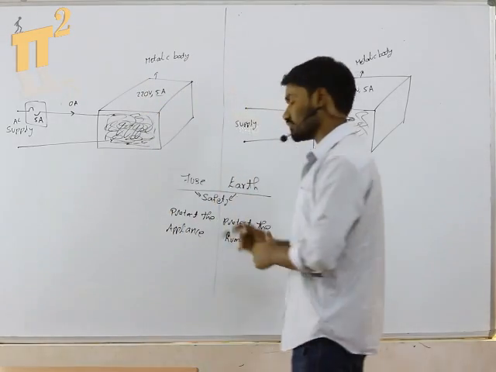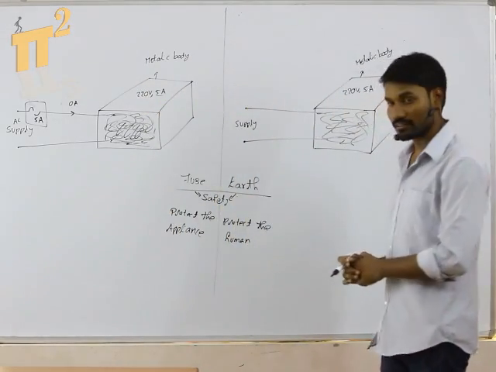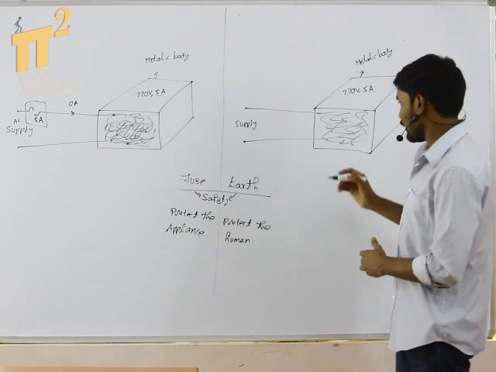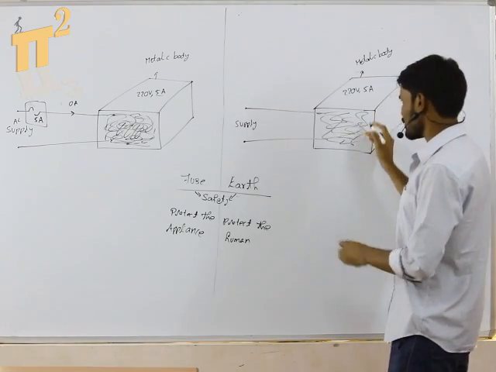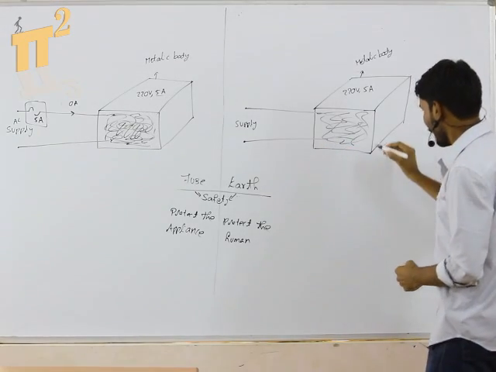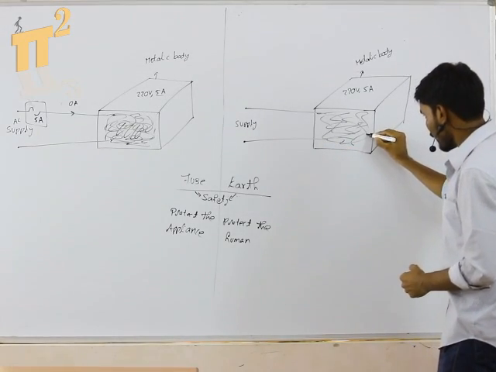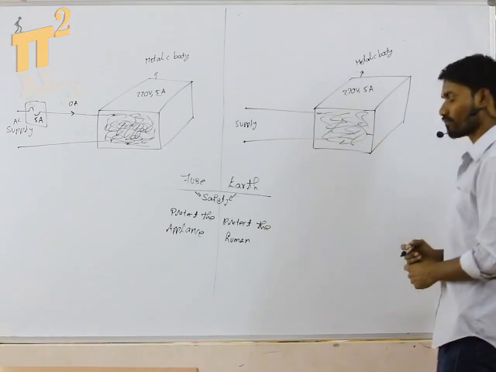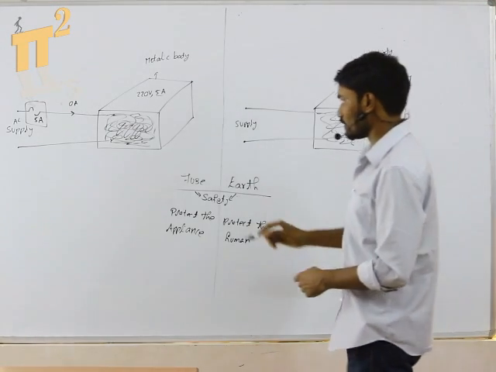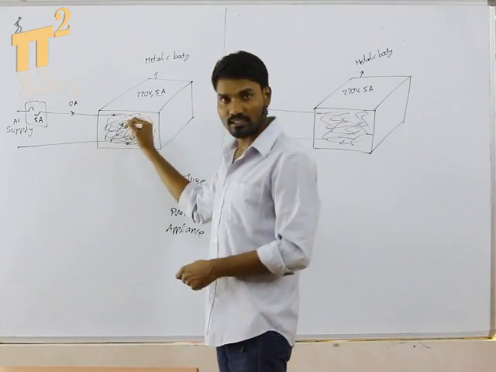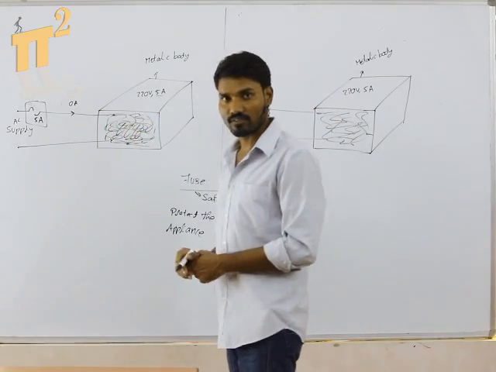Now let's come to earthing. Again here also there is some abnormality. Because of the abnormality, this live wire is in connection with this metallic body. Previously, there was some internal short circuit or internal malfunctioning, hence it was drawing more current.